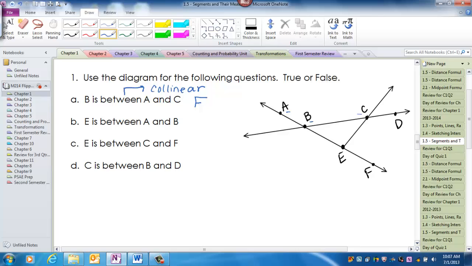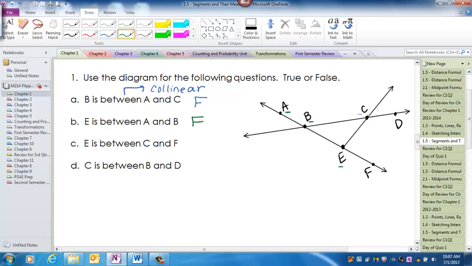Okay, part B. E is between A and B. Okay, well, here is E, and then here's B and A. Are they collinear? Yes, that part is true. But is E then in between A and B? It's not, so this one is also false.